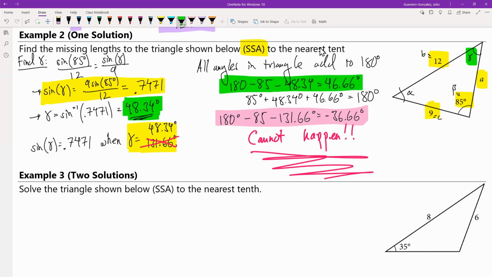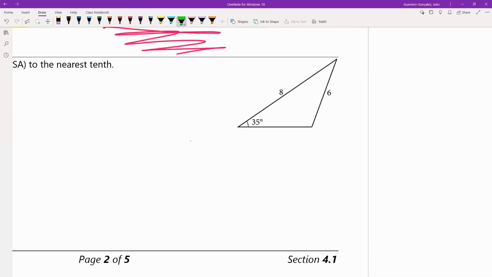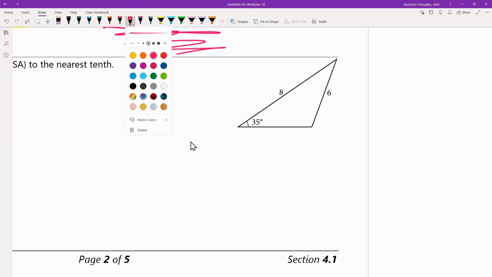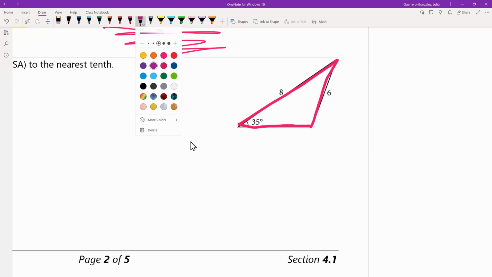Okay, what I do want to go to now is the two solution one, okay? So this one, right, hopefully you guys will see that there is going to be two triangles. There's going to be this triangle, right? Let me actually thicken that up again. There's going to be this triangle, bam, bam, bam. And then there's going to be this triangle. I'm going to do it in a thick purple this time.